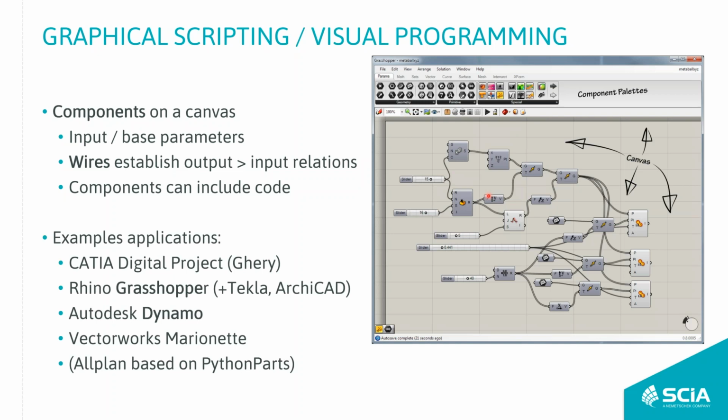Currently, you can know it as a connection of Tekla Structures and Grasshopper, or Archicad and Grasshopper. There are also other solutions like Autodesk Dynamo, Vectorworks with their proprietary Marionette, and also if you are familiar with Allplan, you know that there is also a technical preview of visual scripting based on Python parts.